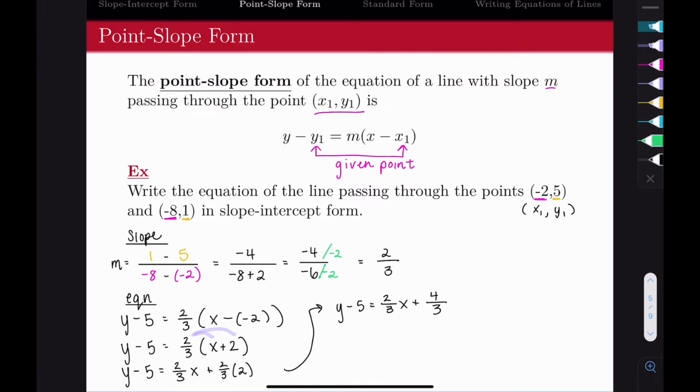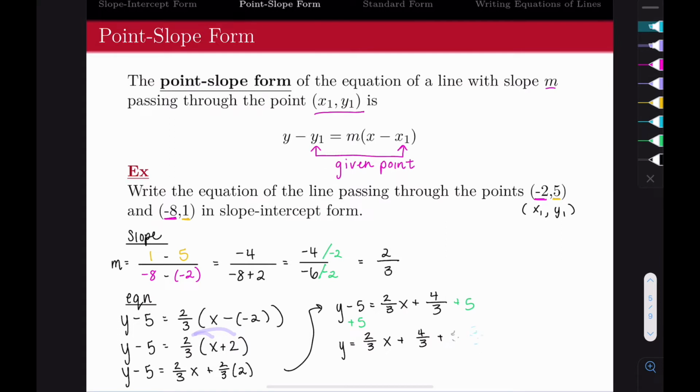And I want to get y by itself, so I need to go ahead and add 5 to both sides. And that gives us y is equal to 2/3 x plus 4/3 plus 5. So unfortunately, we got some nasty fractions that we've got to work with. To make them have the same denominator, we multiply by 3/3.